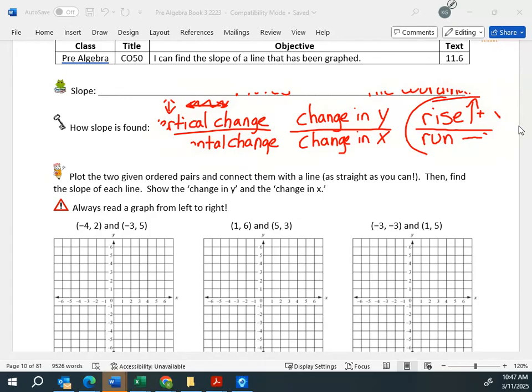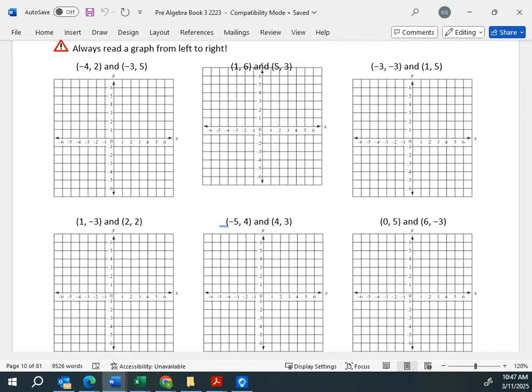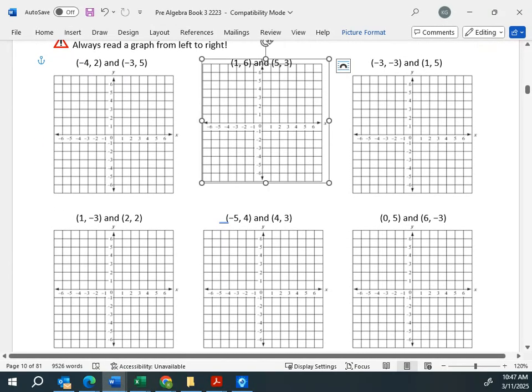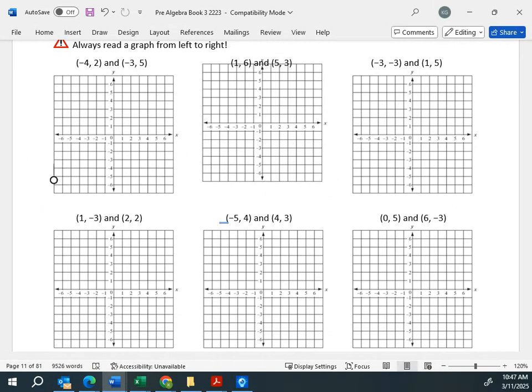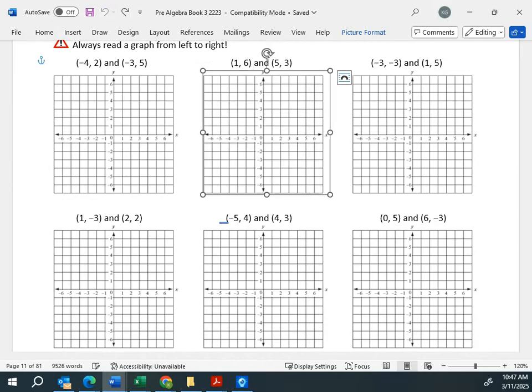So let me scroll up so we can find our slope. Remember, we read from left to right. This is super important that we remember that. Let's remember to read from left to right, to do it the way I'm showing you, so you don't mess up if it's positive or negative, because people mess it up all the time because they go from right to left.